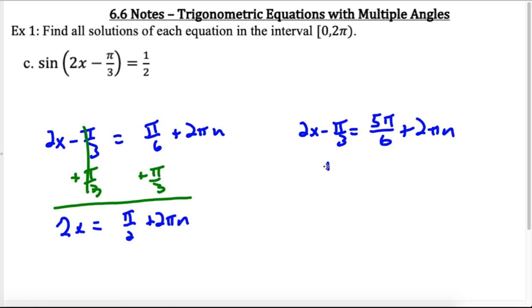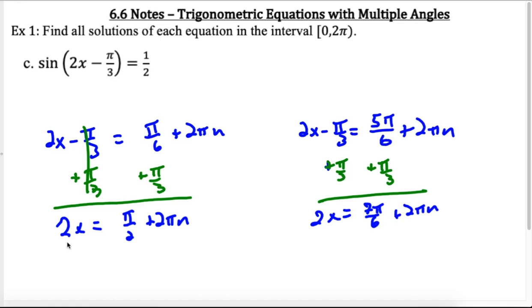Something similar over here. Add the pi over 3 to both sides. And we'll get 2x equals, so 5 pi over 6 plus 2 pi over 6 would be 7 pi over 6 plus 2 pi n. And then divide everything by 2.